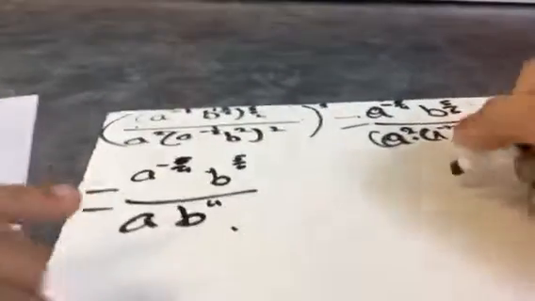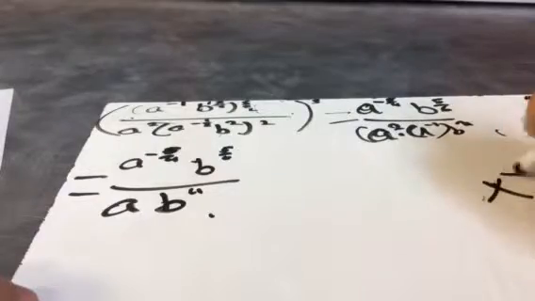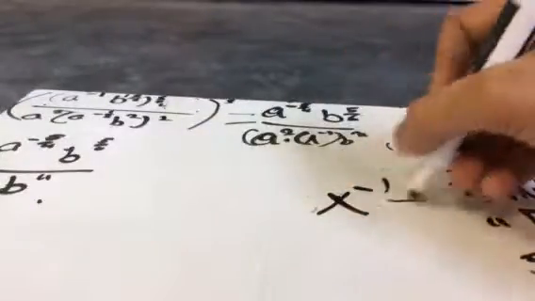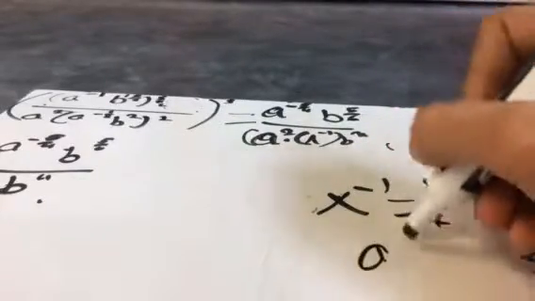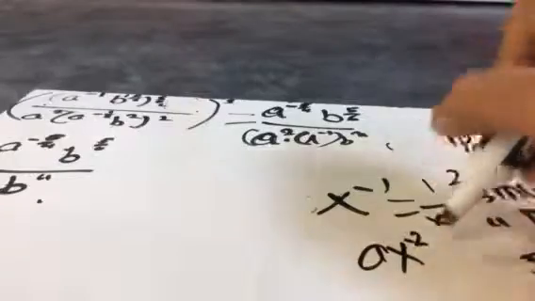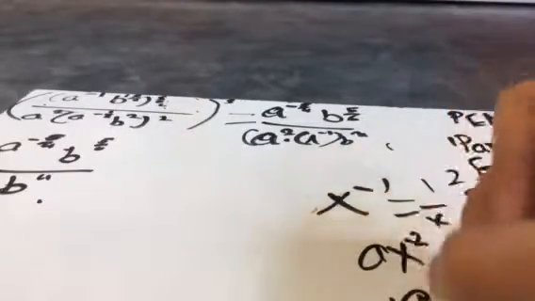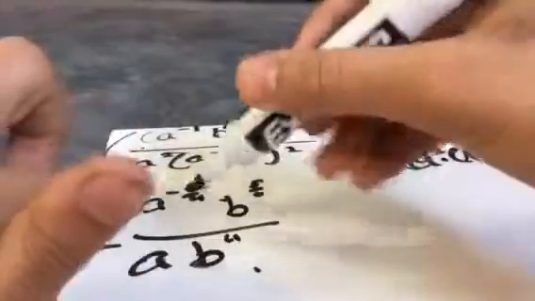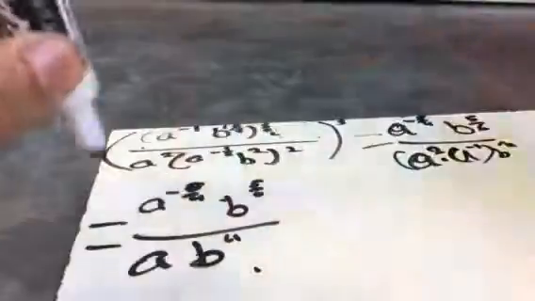If you have a negative exponent, say x to the negative 1, this would equal 1 over x, or if you have x to the negative 2, this would be equal to 1 over x squared. So that's what you're doing here. Since you have a negative 5 over 4, you put that down.